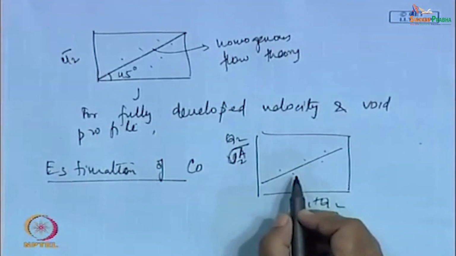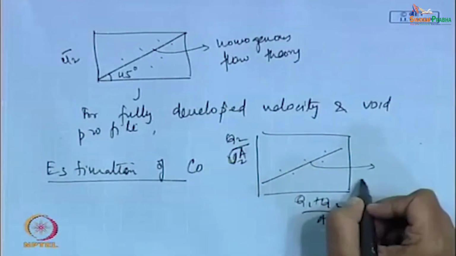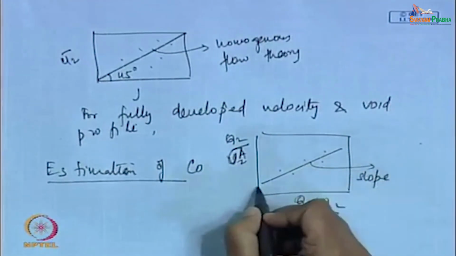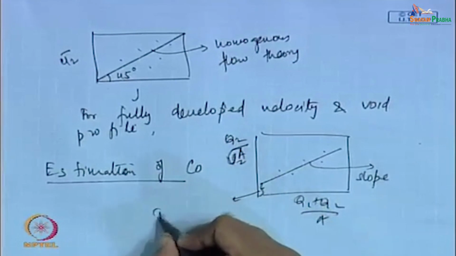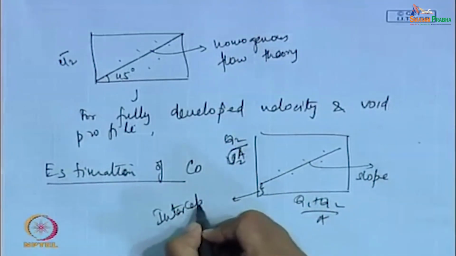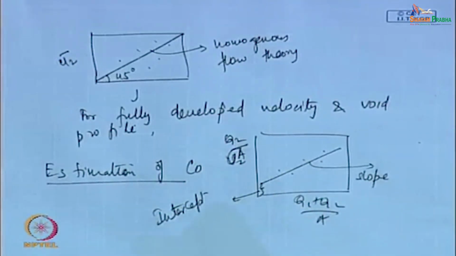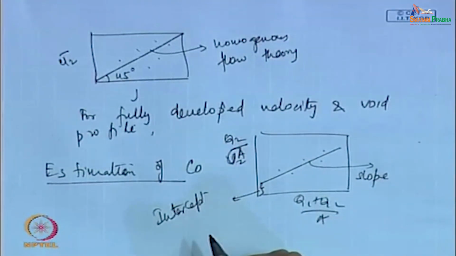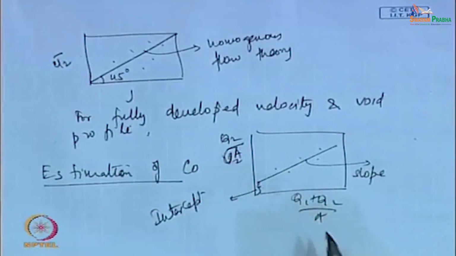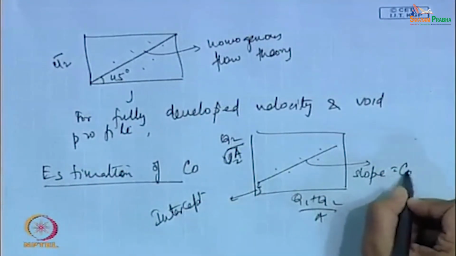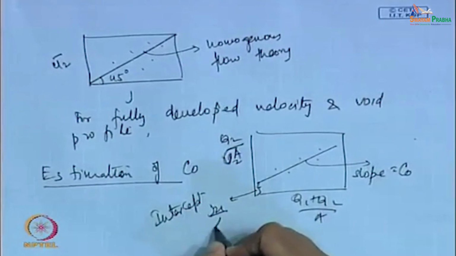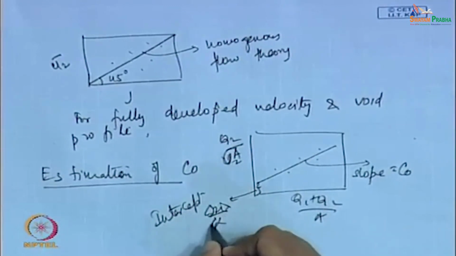And can you tell me the slope of this straight line, what it gives you, and the intercept of this straight line, what it gives you? You can see the basic equation and tell me what we get from the slope and the intercept. Slope gives you C0 and this gives you J21 by alpha, is not it?